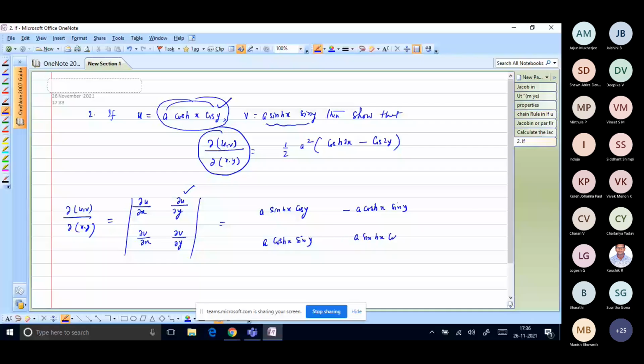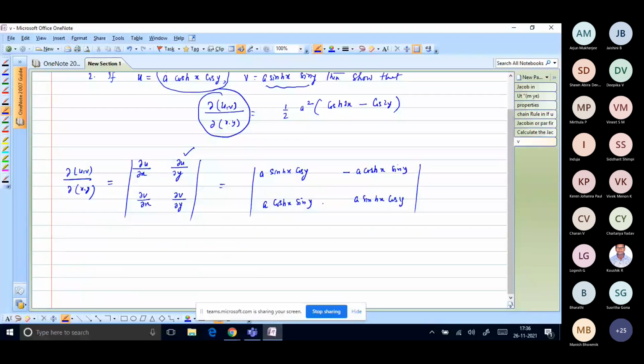So I have to multiply these two: a cos y, a cos y, and a sin hyperbolic x, sin hyperbolic x. So all things are square. So a square sin hyperbolic square x into cos square y minus, and this minus will make it plus, a square cos hyperbolic square x into sin square y.